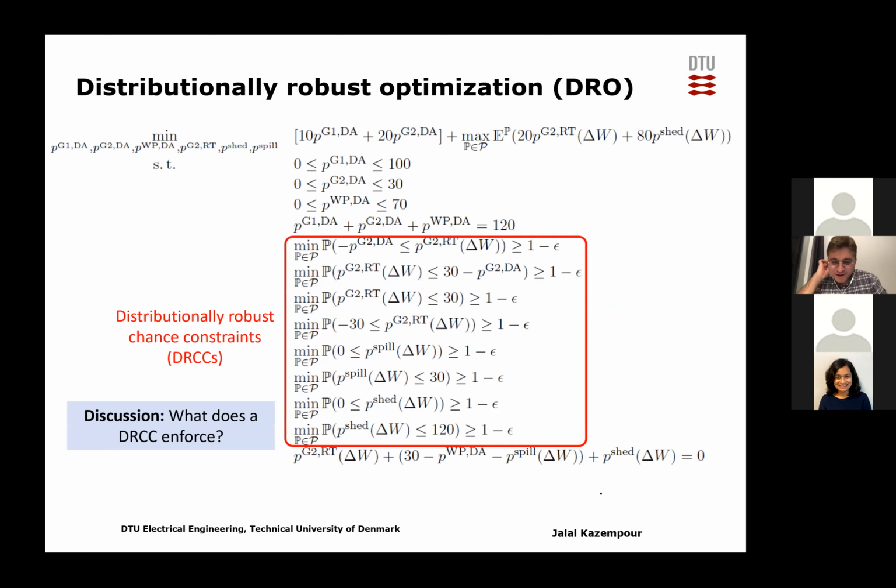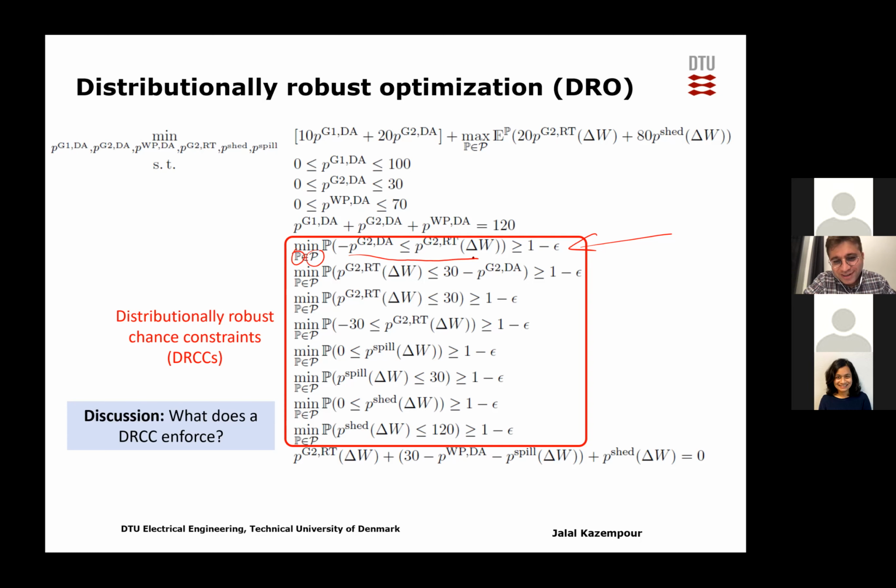So Goran, since you answered, for example the first one, what does it mean? What does it enforce? We make sure that in the worst distribution the constraint is satisfied with 1 minus epsilon probability. Exactly. Thank you, Goran, it's fully correct.